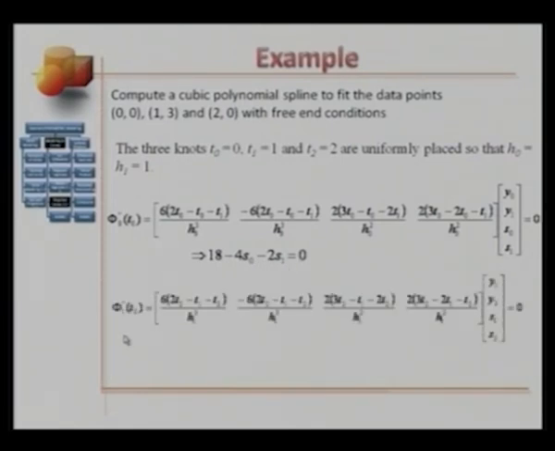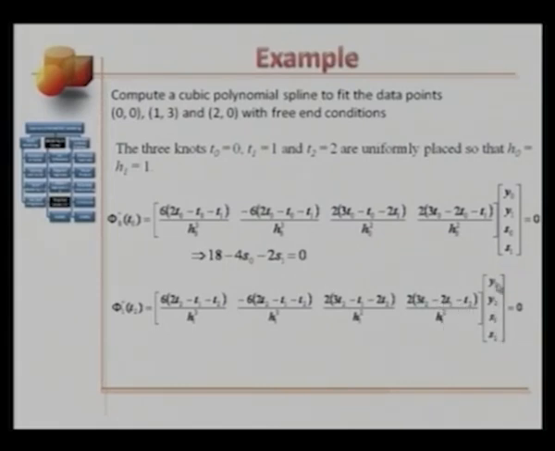For the second spline segment, phi1, we'll have a very similar expression. Phi1 double prime evaluated at t2 will give a similar row of terms in h1.